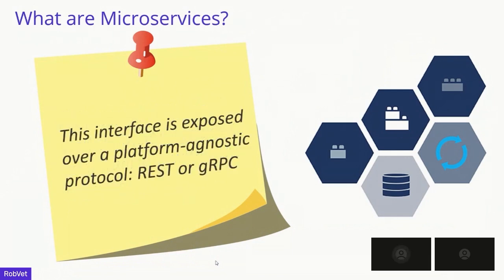That interface can be exposed over some platform agnostic protocol. Typically REST is what we've seen for years and years, but now we'll talk about and show some gRPC. We'll see that gRPC is an alternative to REST, and it has a very strong story, and it has extremely strong support in the .NET Core 3.0 and above library as well. So I think you'll see more and more backend services communicating with gRPC.